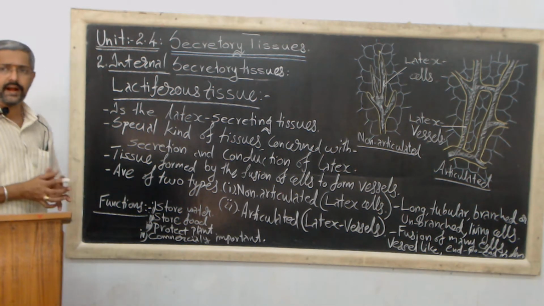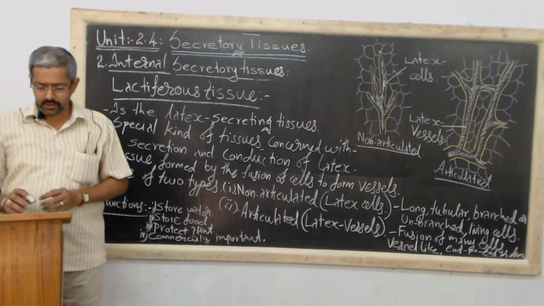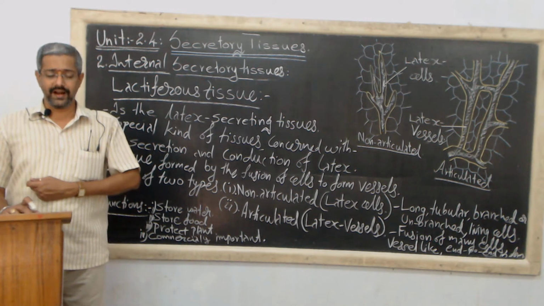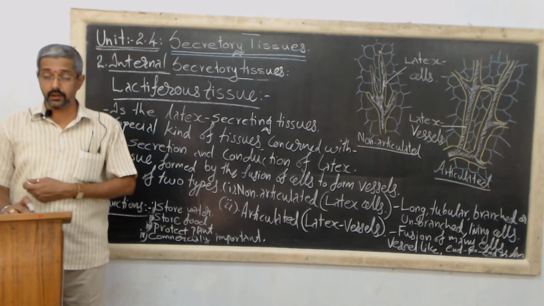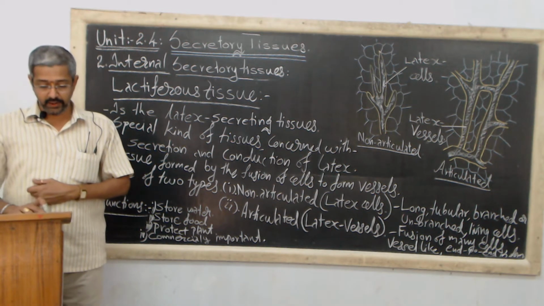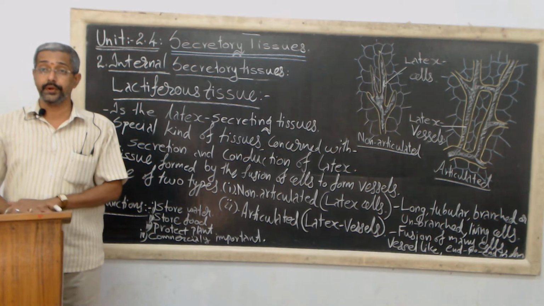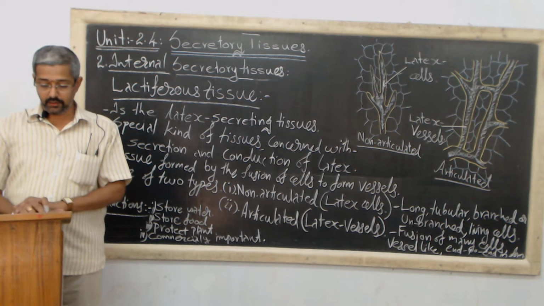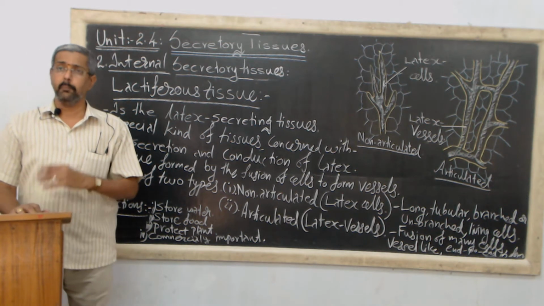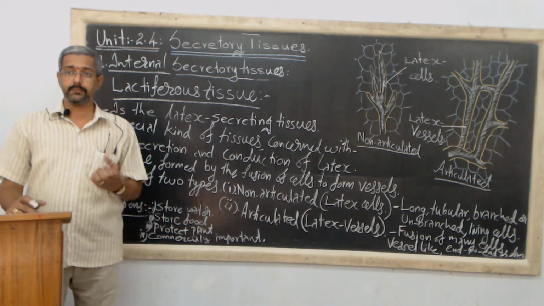Here, latex is similarly produced during metabolism, and of course it is with varied content in the laticiferous tissue which produces the latex. Normally we can see the latex is a viscous fluid, and it is an emulsion or suspension of a number of compounds. Suspension means it contains some more substances.